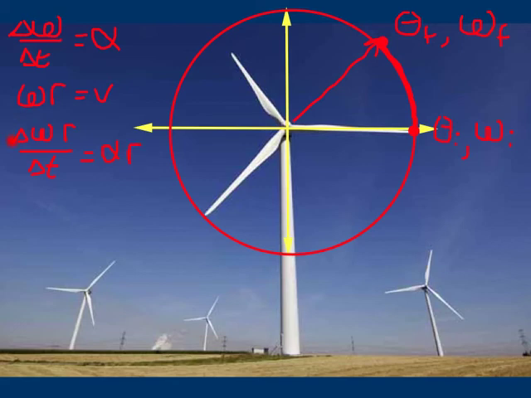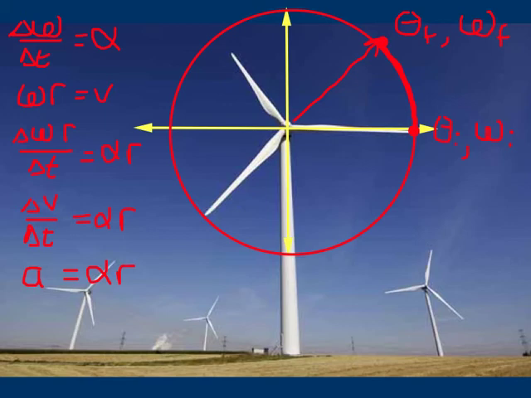Well, I can replace delta omega times r with delta v. Change in linear velocity with respect to time is equal to alpha times r. Well, this is the definition of linear acceleration. So linear acceleration is angular acceleration times the radius of the motion.